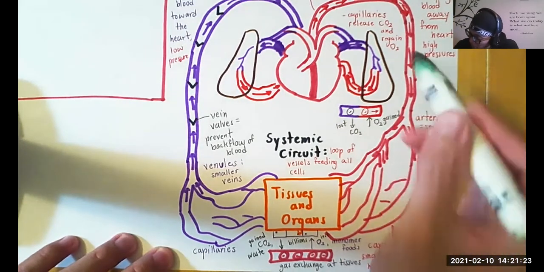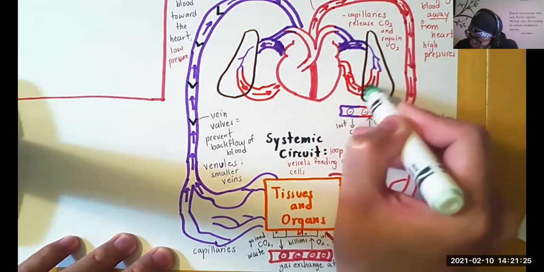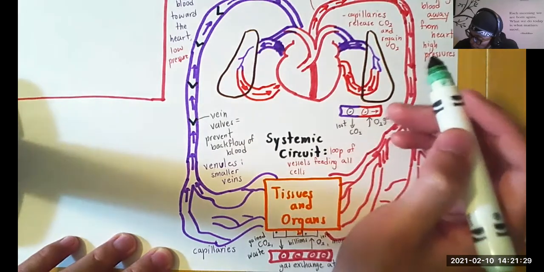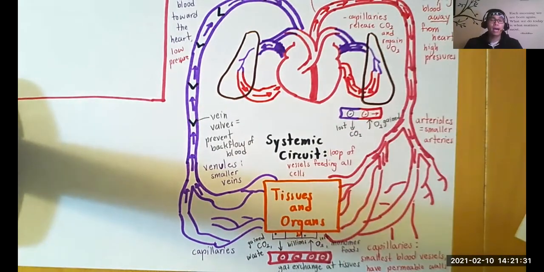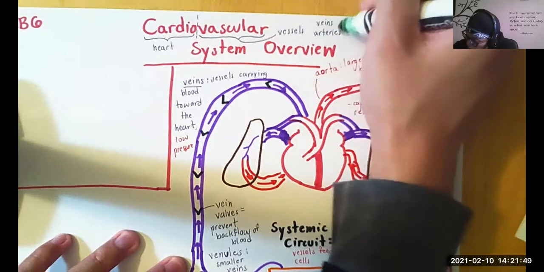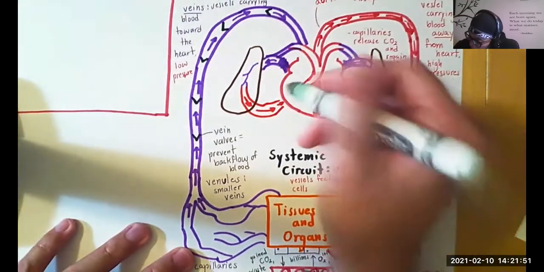This loop, out of the heart, back into the heart, is named after the lungs, but we can't call it the lung circuit. That doesn't sound very good. Do you guys know what the word lungs is in Spanish? Obviously, you can't answer. It's pulmones. So I'm going to write it down here.